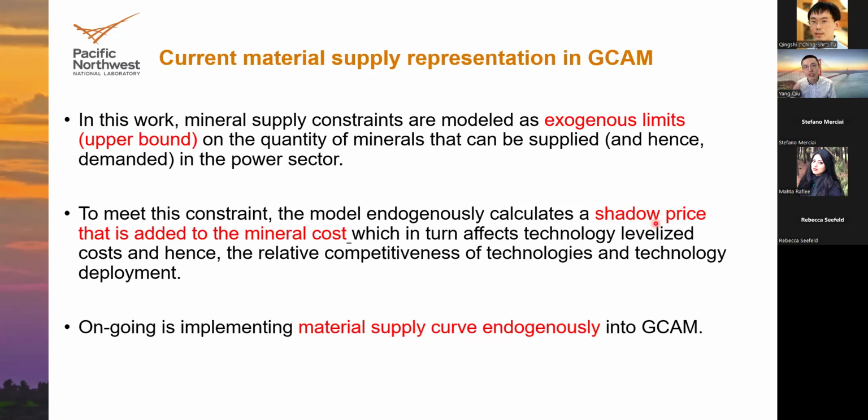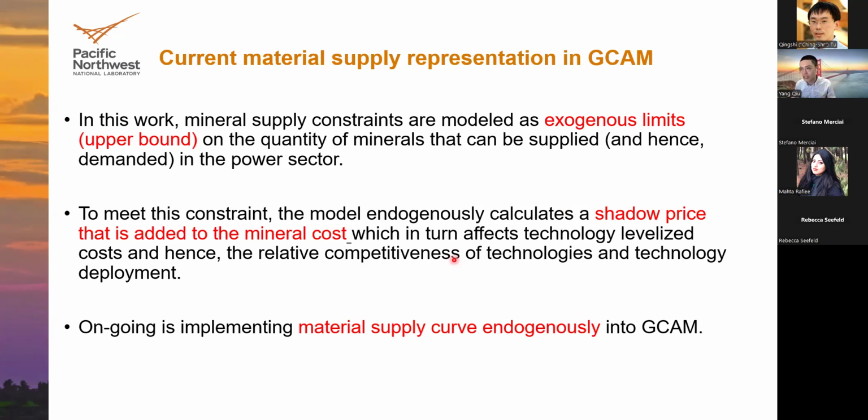And also just one important note, at the moment, we are capturing this material supply in a relatively simplified way. As you can see, what we are doing is basically modeling the material supply constraint as an exogenous limit. Basically, we project future material supply, and that acts as an upper bound in the model. And that upper bound of material supply will basically restrict how much demand can increase over time.